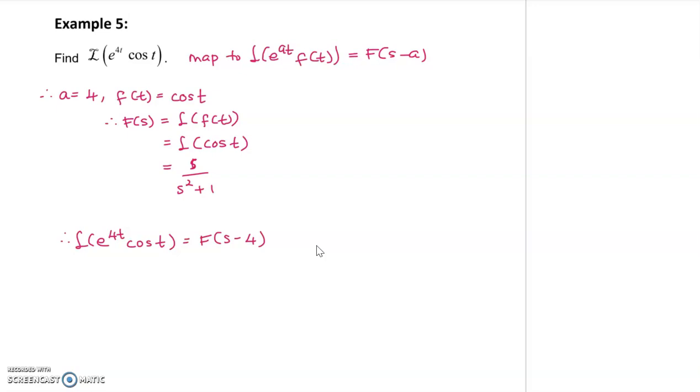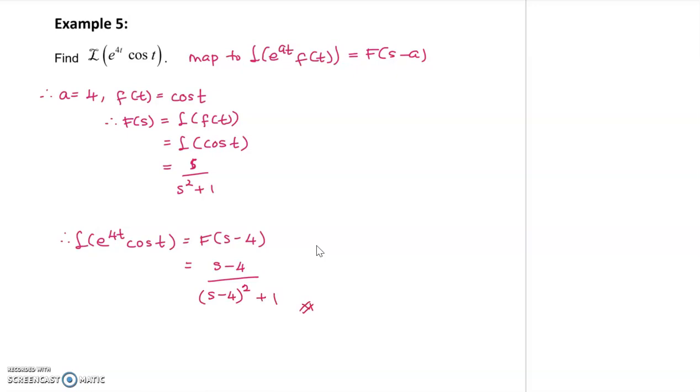But you cannot stop here. We need to write the expression for F. Since F(s) is s over s squared plus 1, for F(s minus 4) you just substitute s with s minus 4. So it is s minus 4 over (s minus 4), and don't forget the power of 2 here, plus 1.